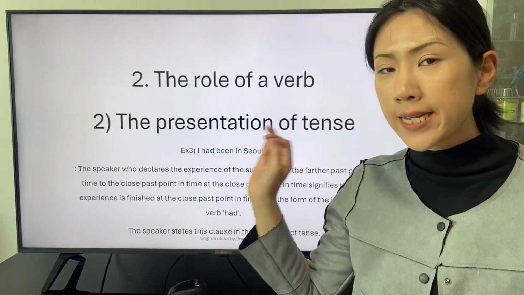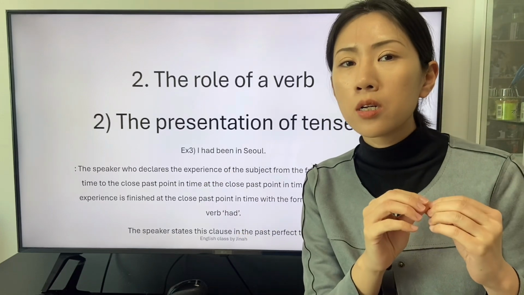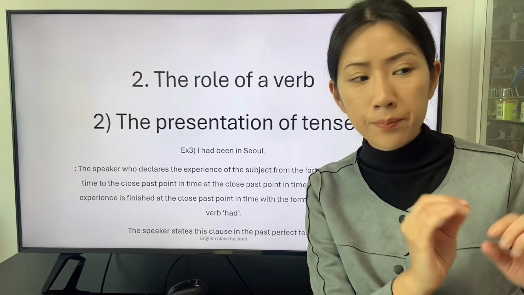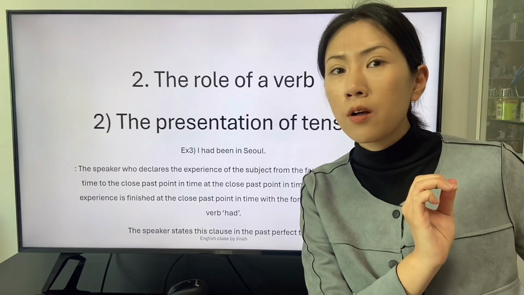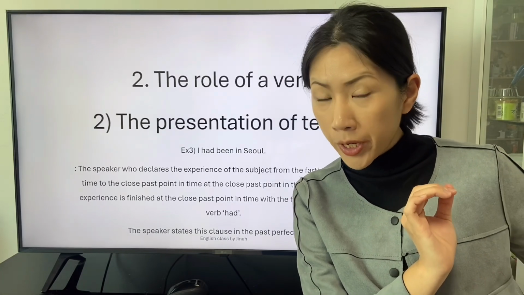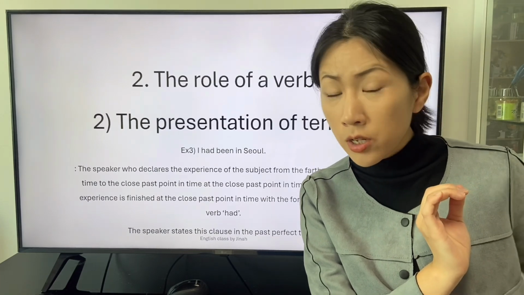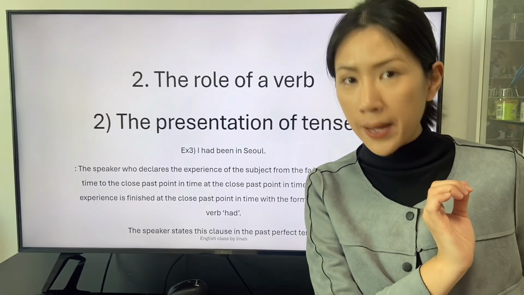This third exemplary clause deals with a period of time from the far point in the past to the close point in the past.